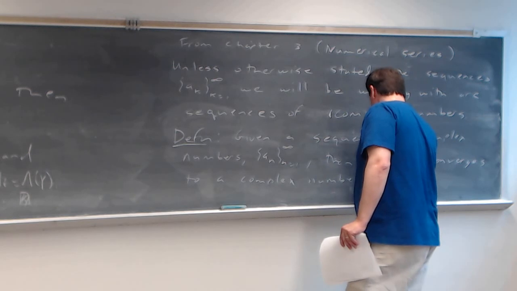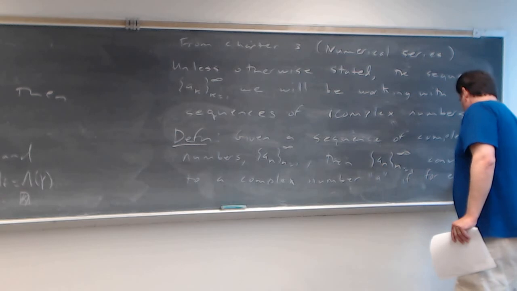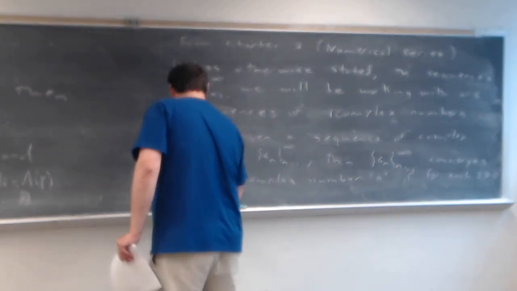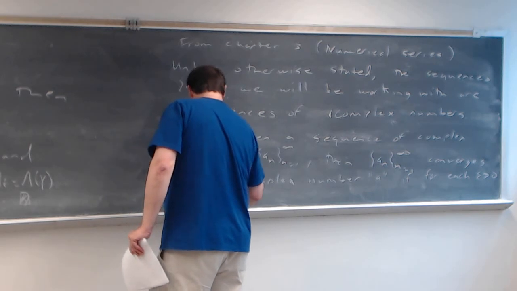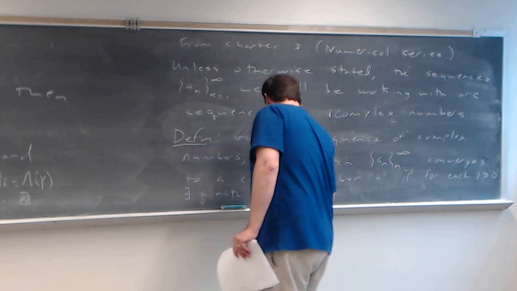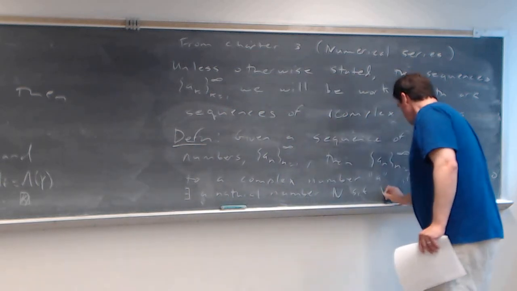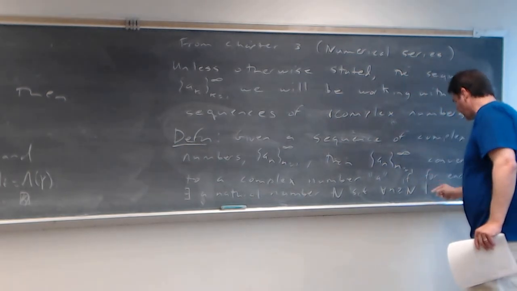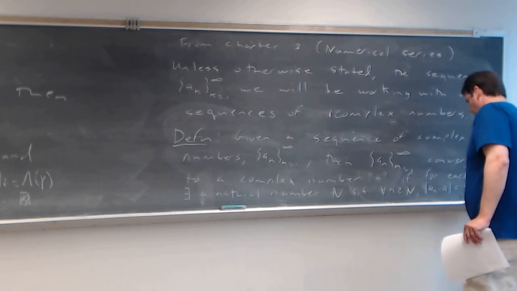We'll call it A, if for each epsilon greater than 0, there exists a natural number N such that for all little n bigger than or equal to N, the norm of a sub n minus A will be less than epsilon.